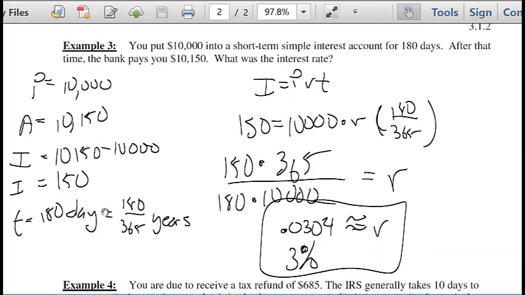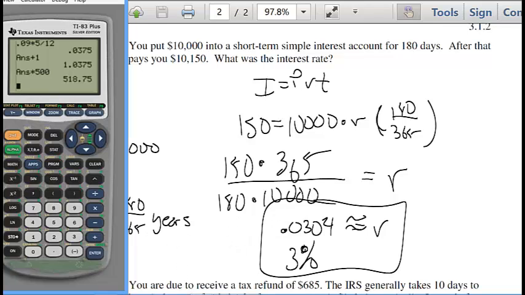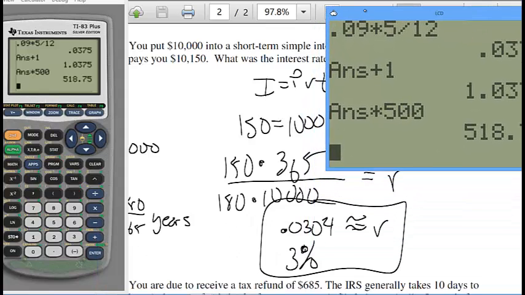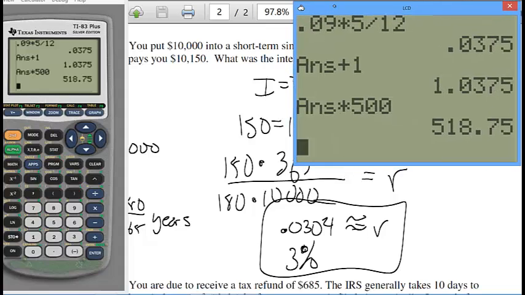Okay, so the next one, again off section 1, is this piece right here, and I want to show how we can type the 150 times 365 in our calculator. So let me pull that up. Oops, kind of getting off the screen here.